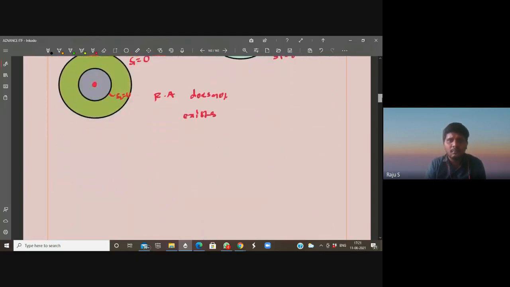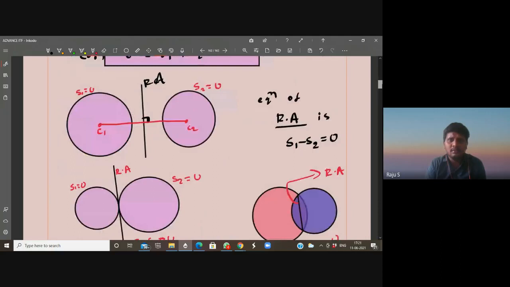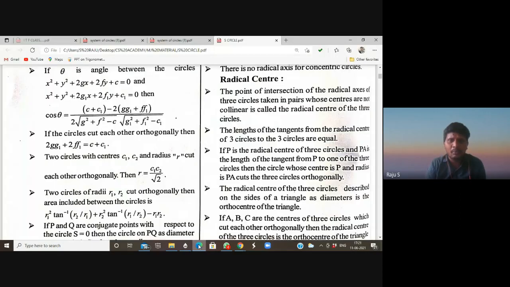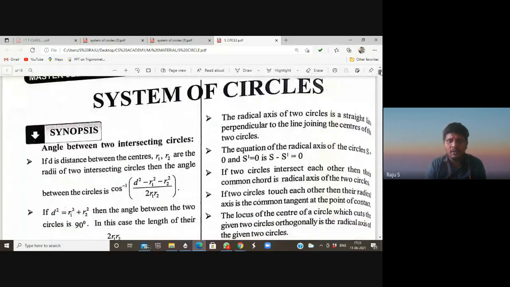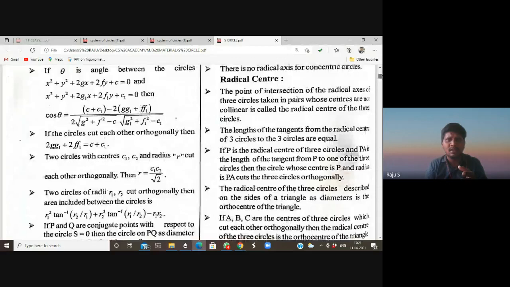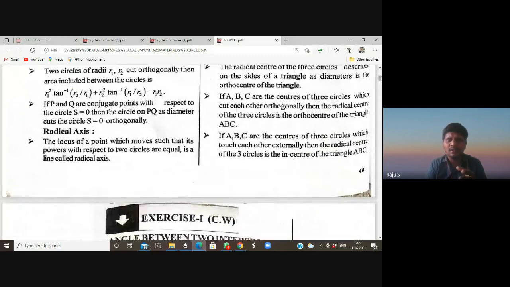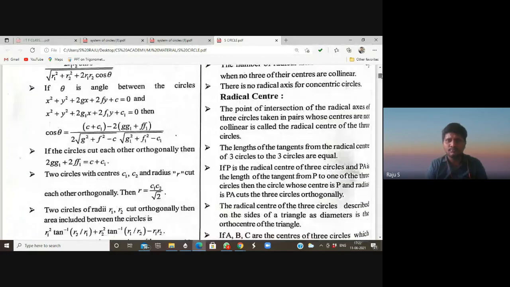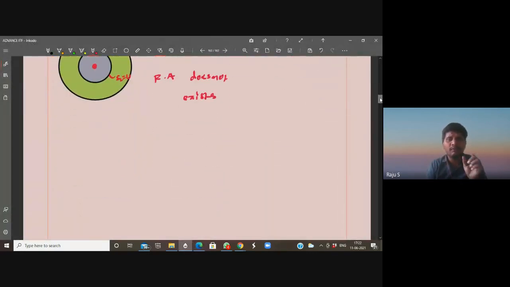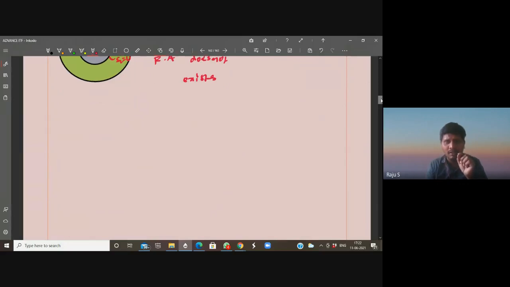Understood? Here they have given it point-wise, so I have clearly written this point-wise with the help of the diagram. You should understand very clearly.